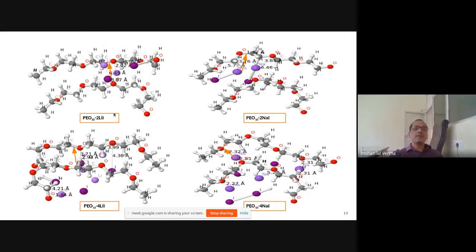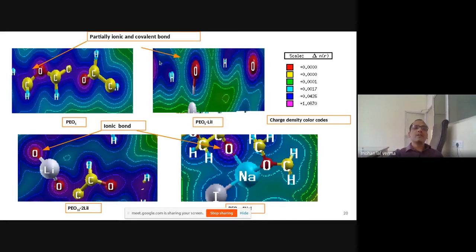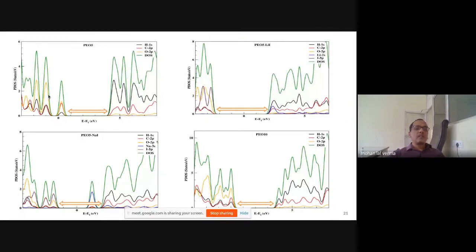So this is for the PO10 with 2 lithium. This is the PO10 with 2 sodium iodide, and then again we further proceed with 4 lithium and 4 sodium iodides. These are the charge density plots. Obviously, it is also showing partially ionic and covalent bonds. And in the parallel study, the PDOS plot is here.